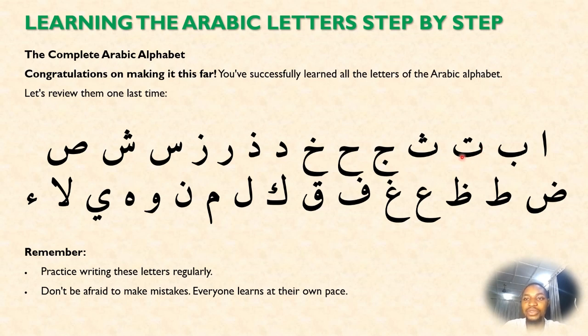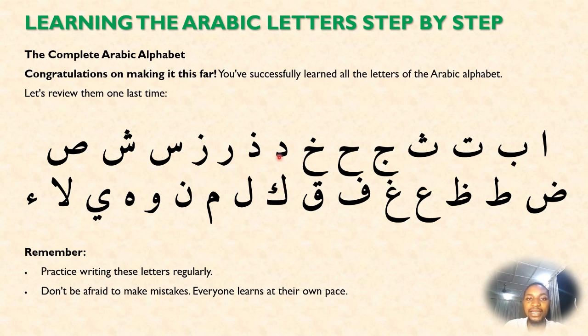We have ta with the same shape with two dots above it. Tha with the same shape with three dots above it. Then we have jim, ha, and kha. They have exactly the same shape. Jim has a dot below it, ha no dots, and kha a dot above it.